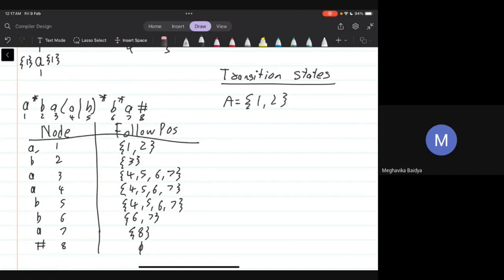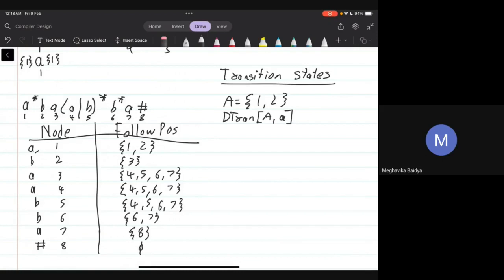Since we are doing a DFA, we write Dtran, which is the DFA transition of A comma a, where capital A is the state and small a is your input. What is the input?